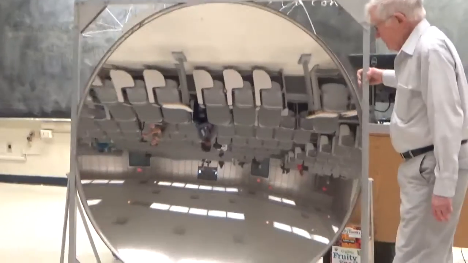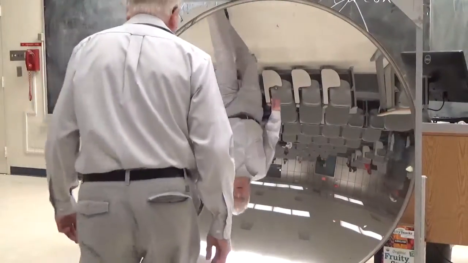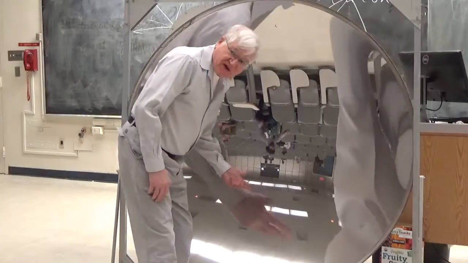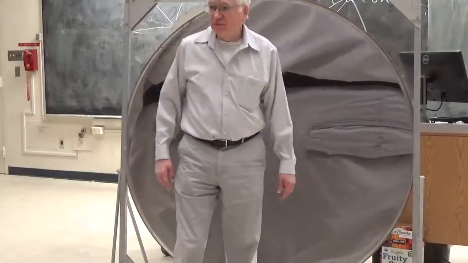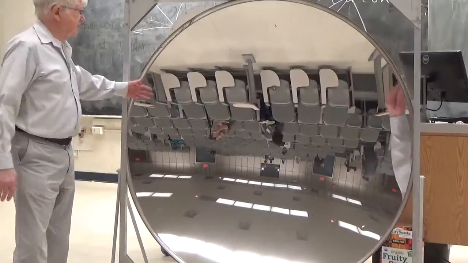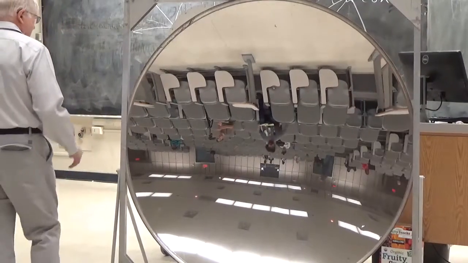And so, I think you're all pretty upside down. Yeah, everybody's upside down because we're far enough away. On the other hand, when I go close enough, I then start to see myself right side up and huge. So this is the concave mirror.